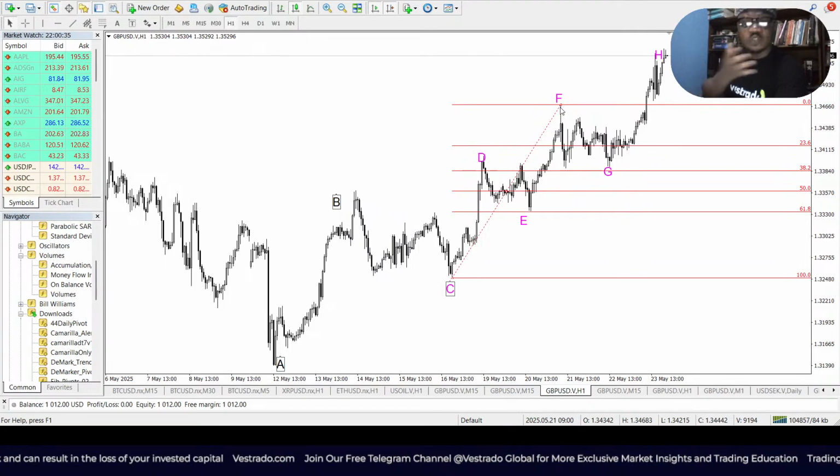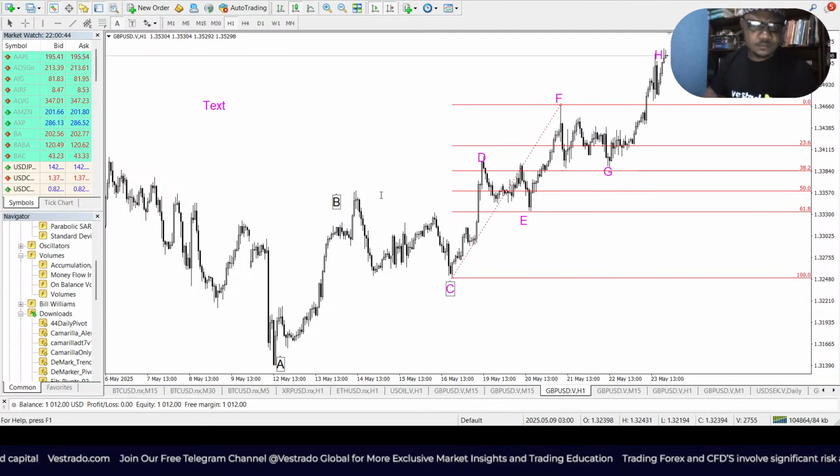So you're drawing from the swing low to the swing high in an uptrend. Swing low to the swing high. Let's put that there. From the lowest swing low to the highest swing high in a trend.